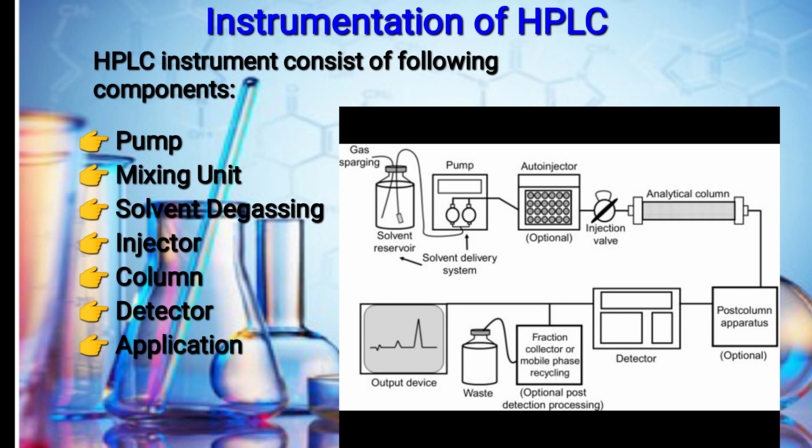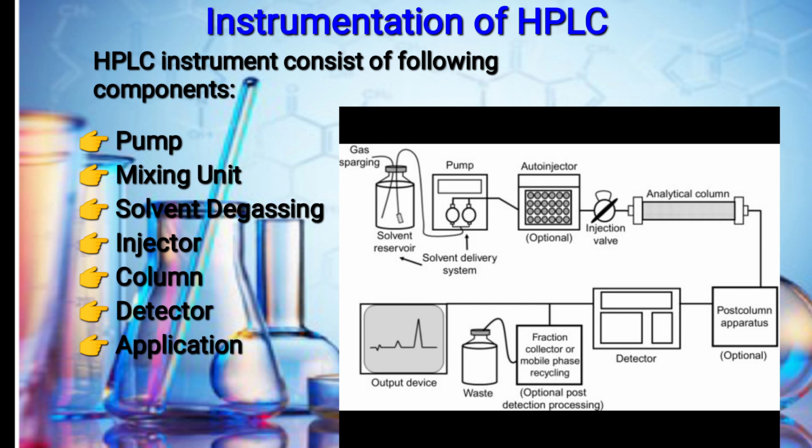Due to that pressure change our flow rate is not affected: if column resistance is high, then pressure will be high, and if column resistance is lower, then pressure will also be lower, to maintain the constant flow rate. Generally, we use 1 ml per minute flow rate in an HPLC system.